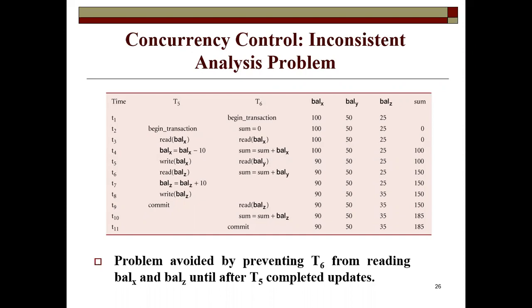Now, in transaction T6, the sum, which was 0 initially, we are adding the balance of X. T5 is deducting a 10, but T6 is adding the balance of X. So we have two transactions going on, one reducing and one increasing.